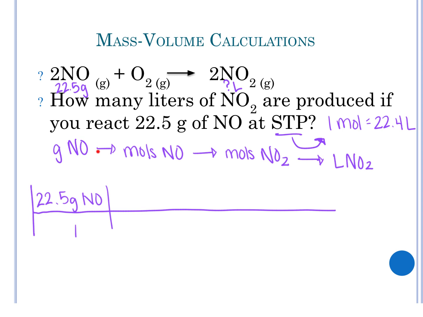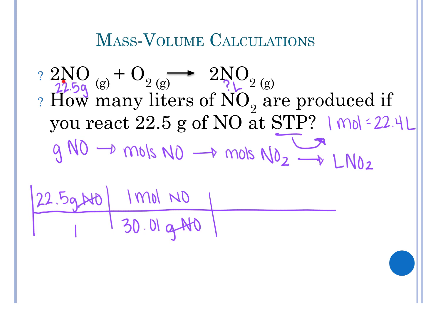So what number do we use to convert between grams and moles? Molar mass. So what's the molar mass of NO? 30.01. Good. So there's 30.01 grams of NO per mole, which is 1 mole of NO.